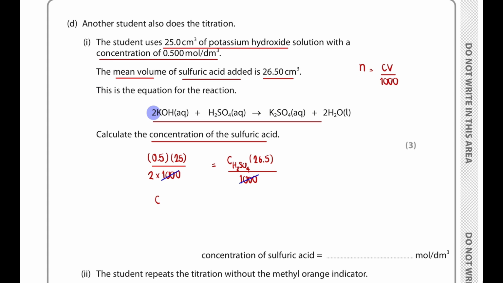So the concentration of sulfuric acid will be equal to 0.5 times 25 divided by 2 times 26.5.